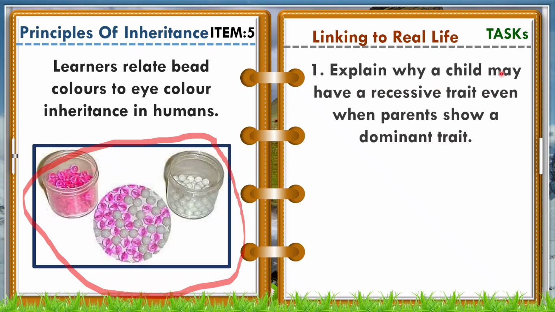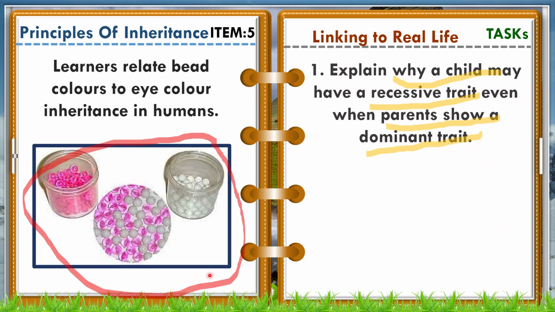Explain why a child may have a recessive trait even when parents show a dominant trait. So here they want us to explain why a child may have a recessive trait even when parents show a dominant trait.